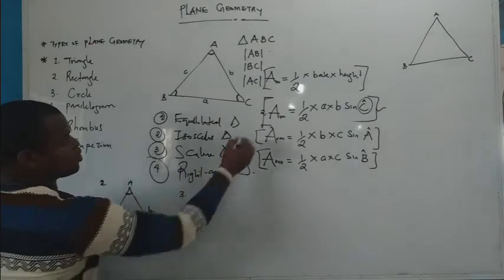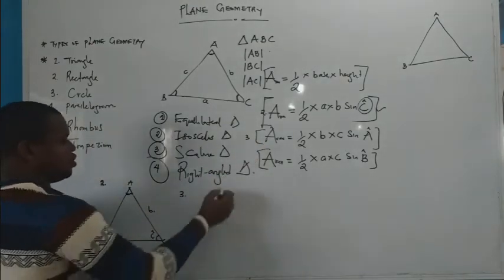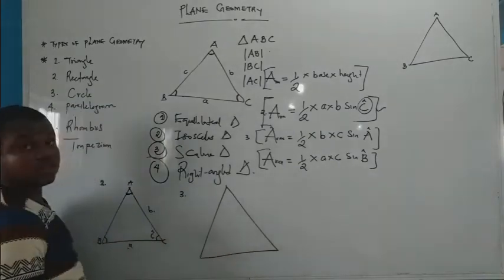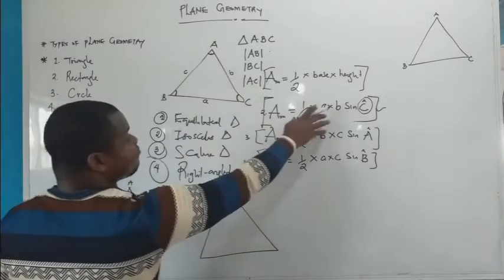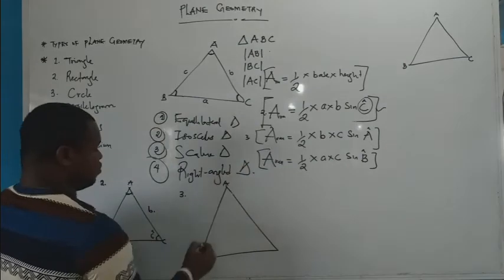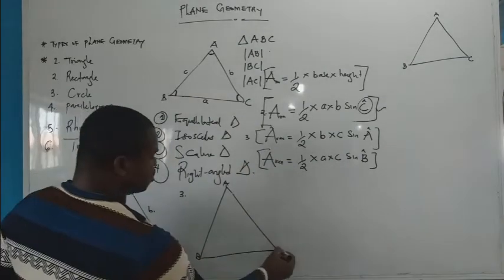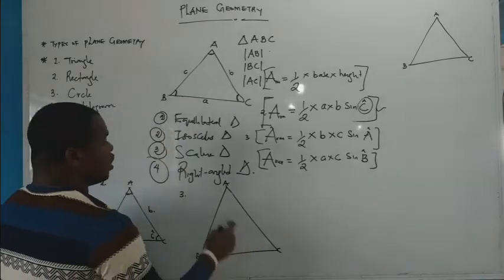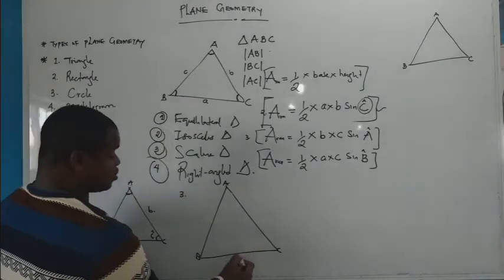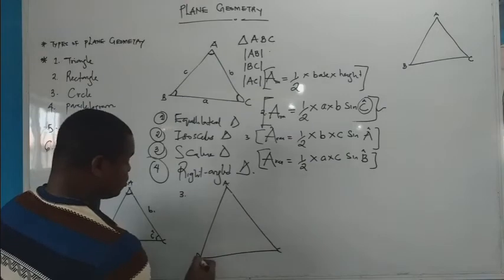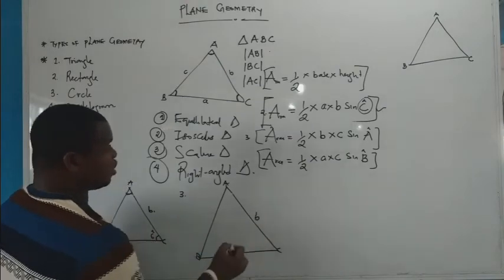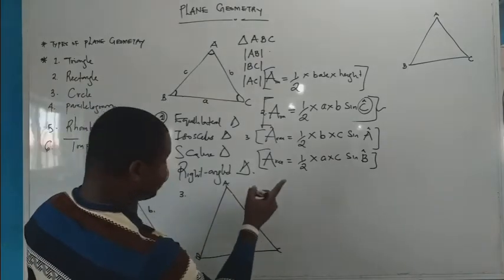Then for the third formula, you have a triangle like this. It's a triangle, then you have A, B, and C. Is that clear? And you're given side b, facing the point B, and you're also given the side c.